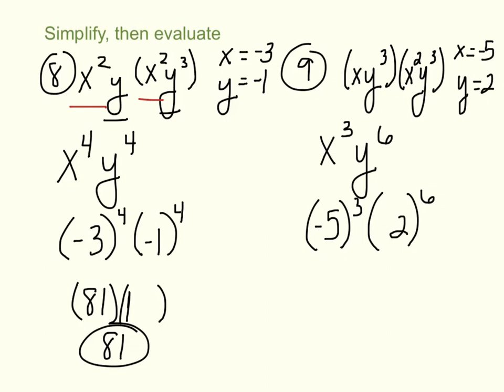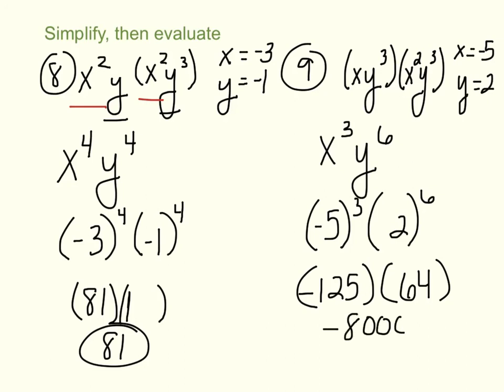So negative 5 to the third power, since it's an odd power, it's negative 125. 2 to the sixth power is 64. And 64 times negative 125 is negative 8,000.